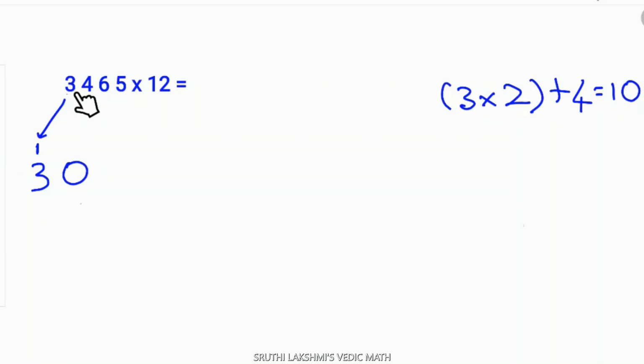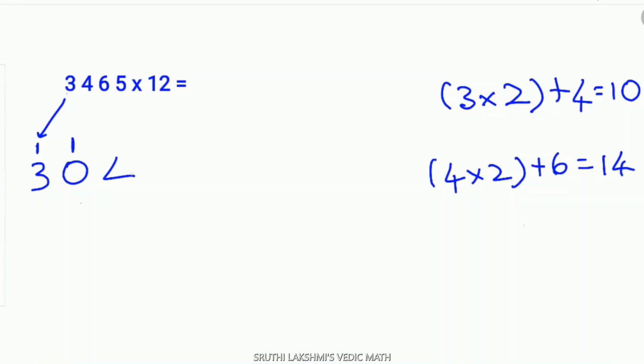Next, do 4 times 2 plus the next digit 6. So 4 times 2 is 8, and 8 plus 6 is 14. So carry the 1 and write down the 4.